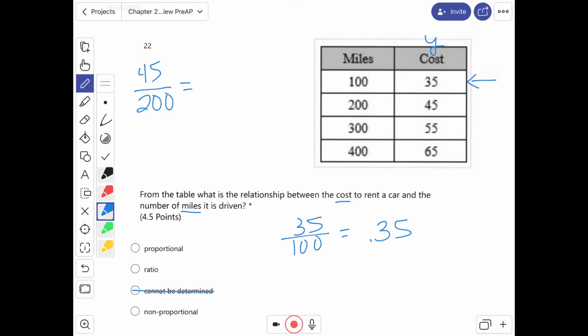45 divided by 200. Could I simplify it to 100 so I could change it to a decimal? Yeah, what's 45 divided by 2? Might not know that.